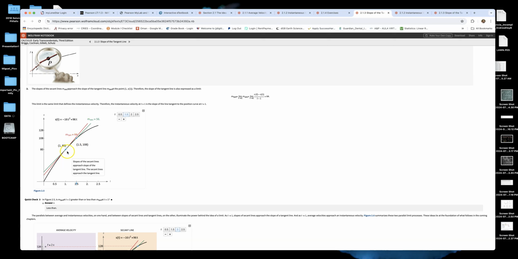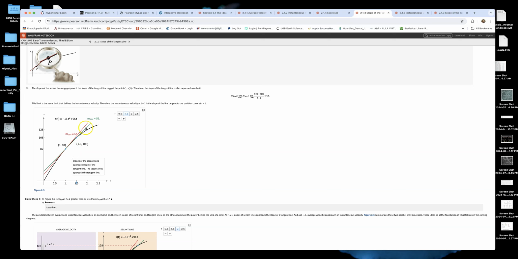What is this red line? This red line is the limit. Basically, this red line is going to be the tangent line at the point where the height is 80 and the elapsed time has been just 1 second.